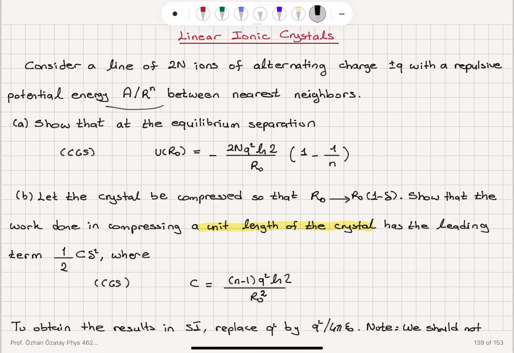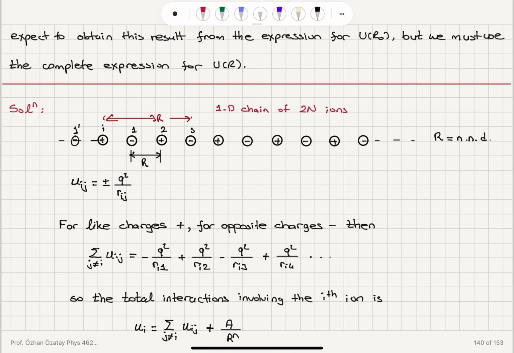We have a repulsive potential energy between nearest neighbors. So we only consider the nearest neighbors for the repulsive one. The repulsive potential energy between next nearest neighbors is negligible. Then we have this Coulomb energy for alternating ions. So that accounts for the total interactions involving the ith ion.